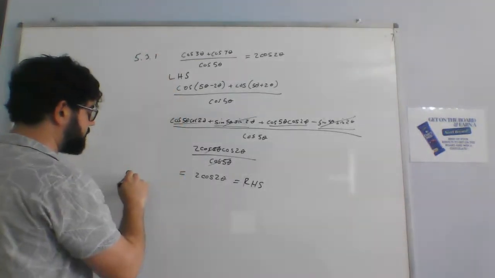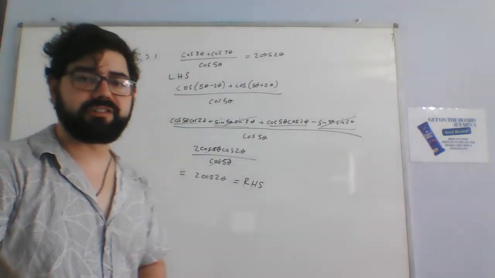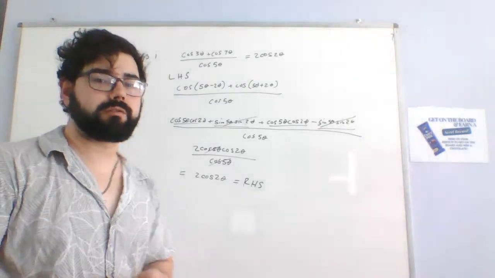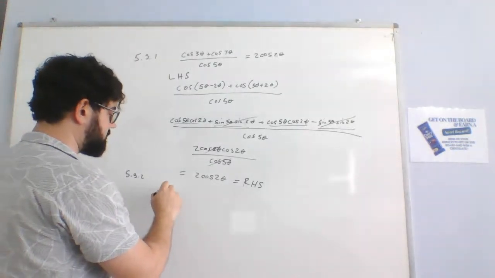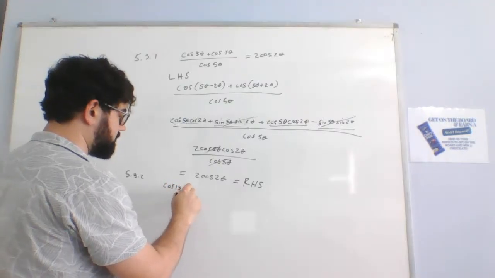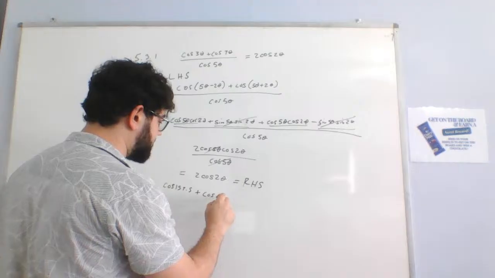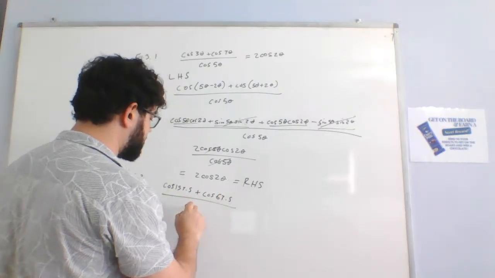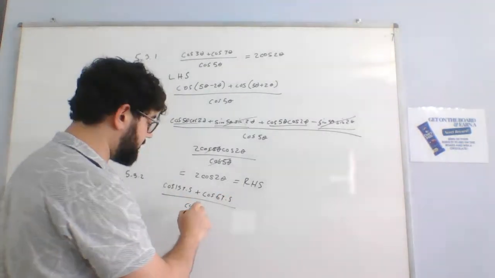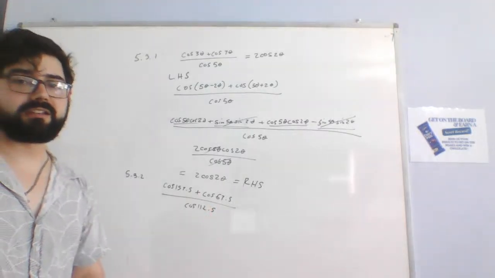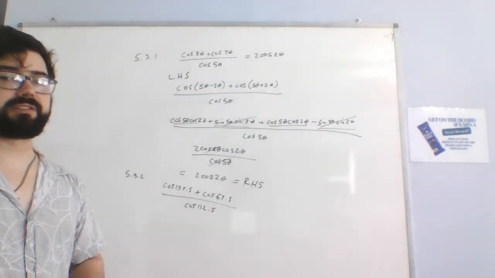With 5.3.2, you want to notice that it says hence. So it says hence determine the value of cos of 157.5 plus cos of 67.5 over cos of 112.5, without the use of a calculator.